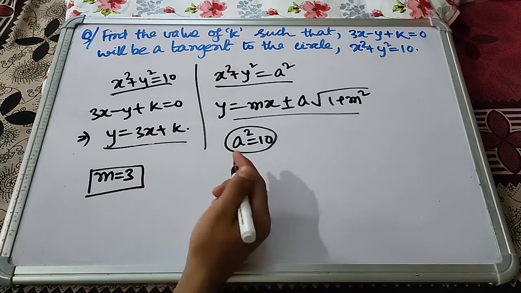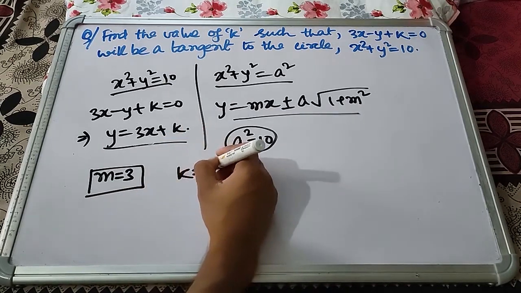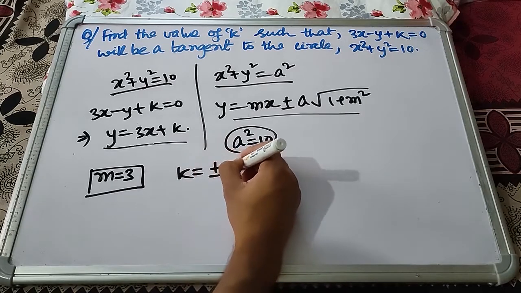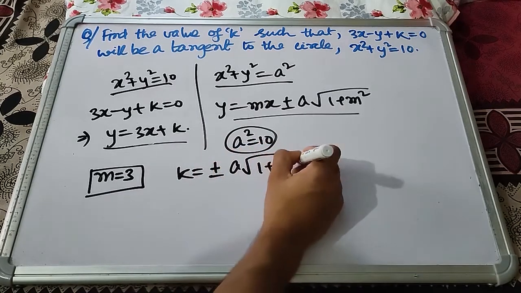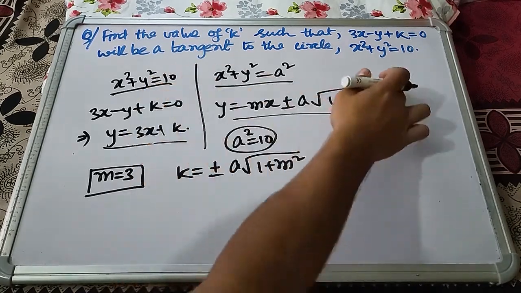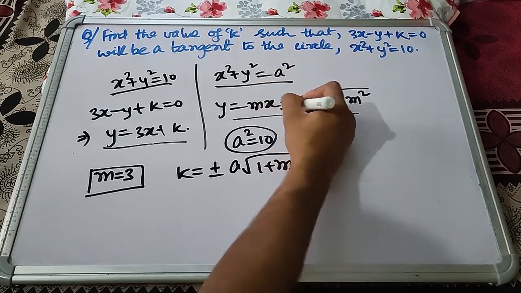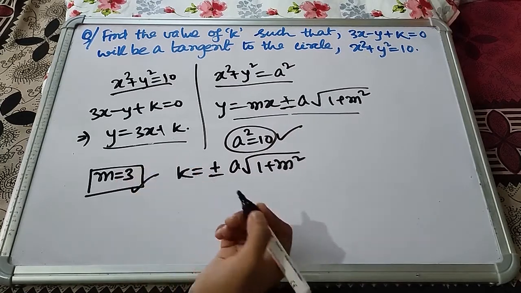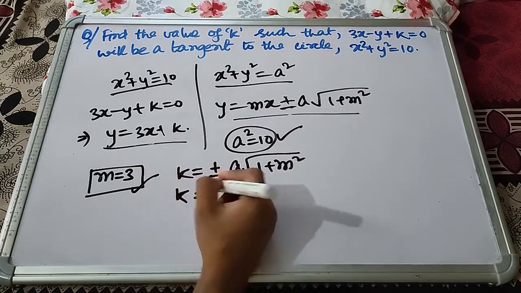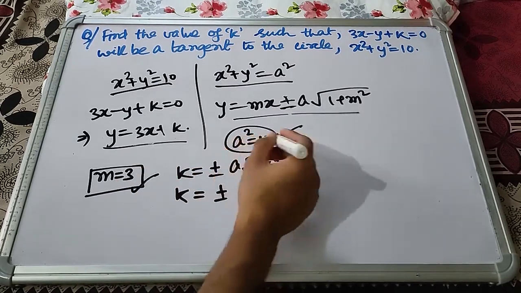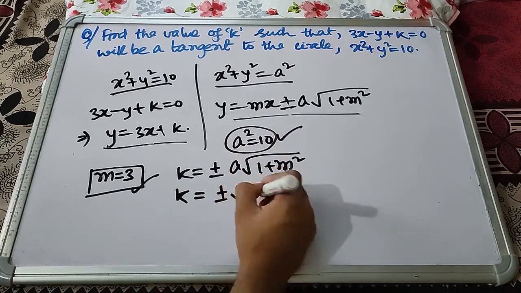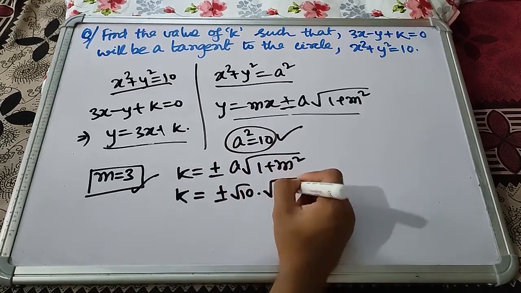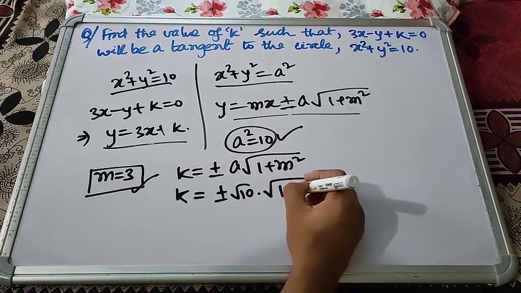And k equals plus minus a into root under 1 plus m square, right? Because this is the constant over here and this is the constant over here. So you have the value of a and the value of m, so the value of k is just a cakewalk. This is plus minus, if a square is 10, then a is root 10 into root over 1 plus m square, where m is 3, therefore m square is 9.